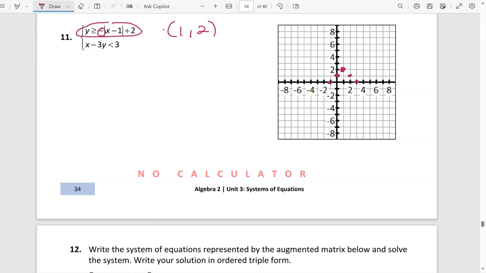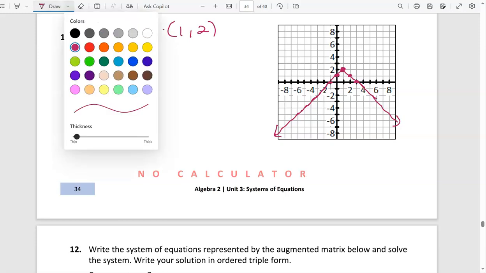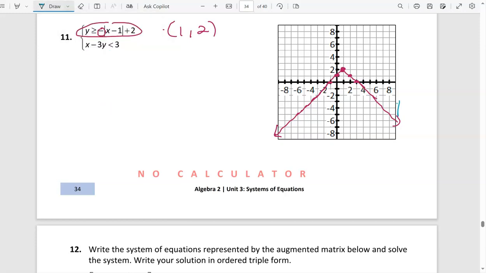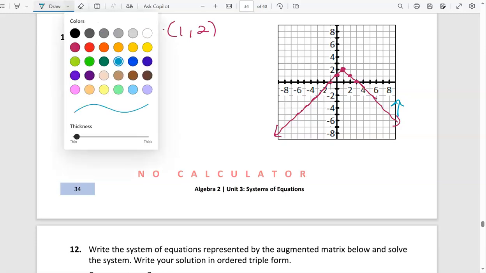You can create a table of values if you like. Since this is or equal to, we're going to include the boundary line, which means that it'll be solid. And so we have this V shape here. Y is greater than, so that indicates that we're going to be shading upward.